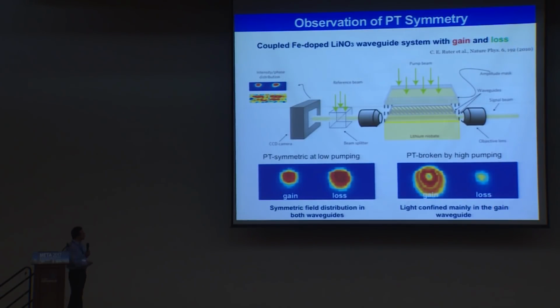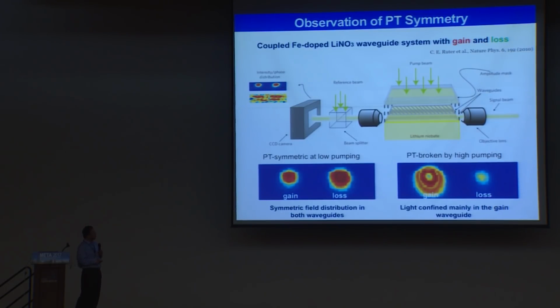So this is an experiment where you have two waveguides. One is doped with iron, the other without. This is the lithium niobate waveguide. Now, when you pump it, one is a loss, one is a gain. As you can see, if you pump at the lower fluence, because their coupling is quite effective, PT symmetry is preserved, and both waveguides give out emission at the end, roughly equally.